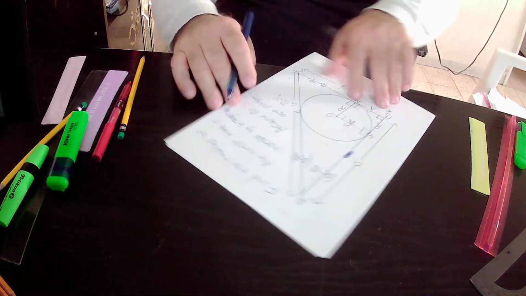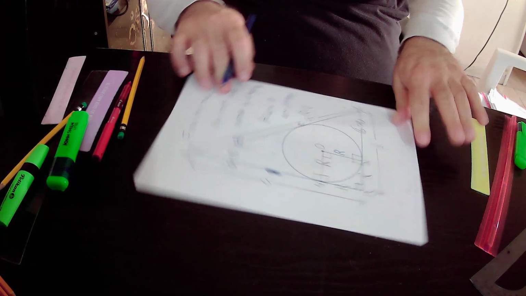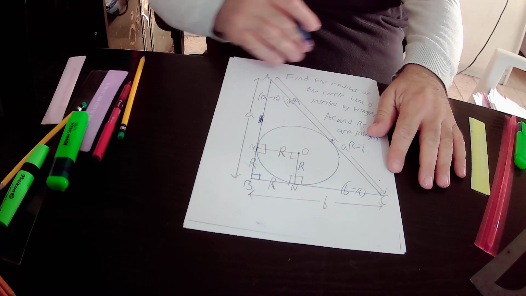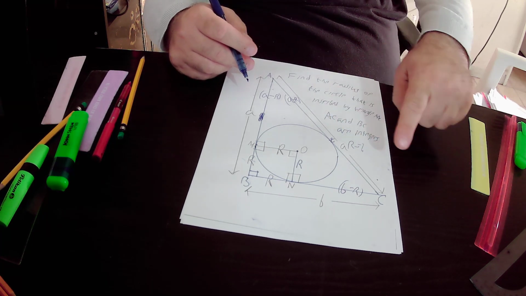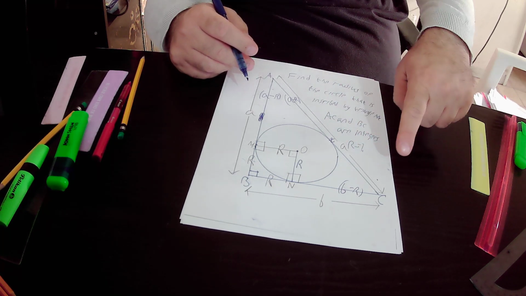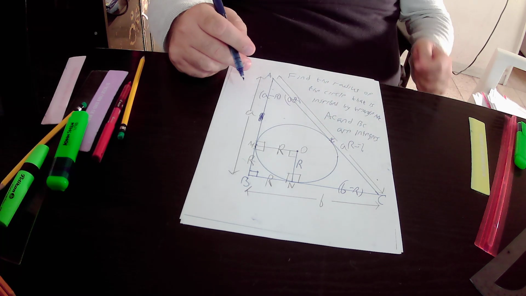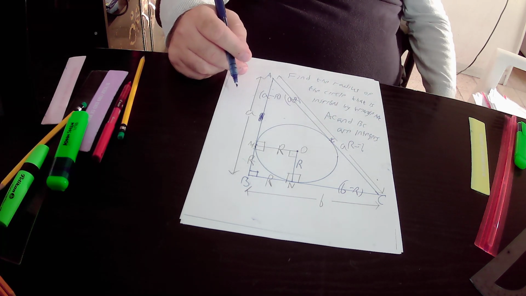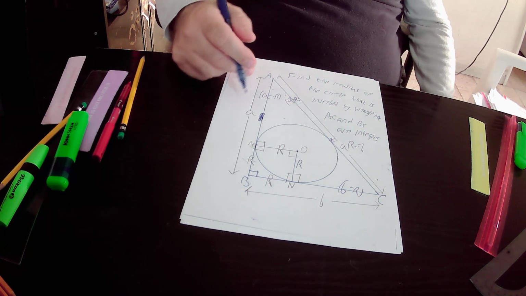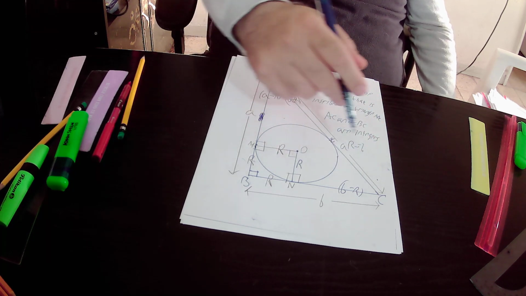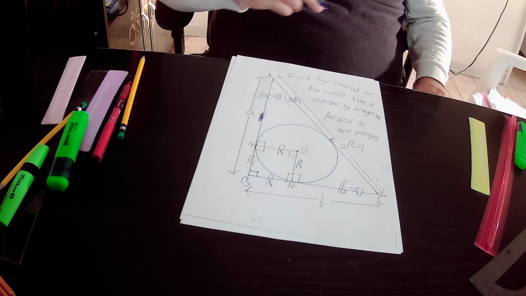Likewise, if you focus on the common standpoint point C, we have two tangents to this circle: tangent CZ and tangent CN. And according to rule number 2, they are equal to each other. That is to say, CN equals CZ.